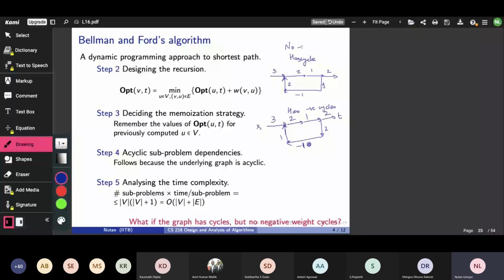So suppose we are in this situation where we are guaranteed that we don't have cycles, but we could possibly have negative cycles. Okay. Is there a way to adapt this algorithm or this thought process in the case when there are no negative cycles? Immediately you will observe things like acyclicity is no more guaranteed in this situation.